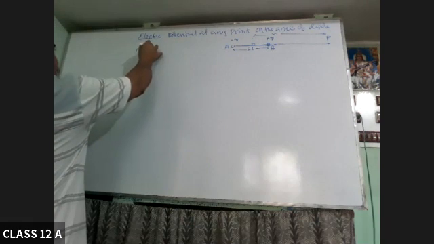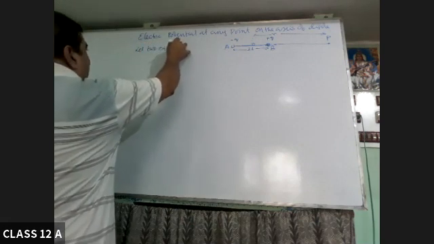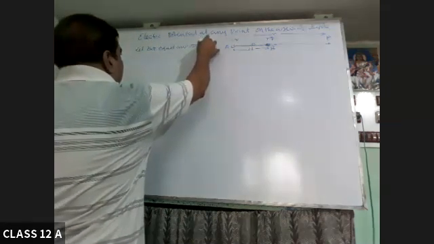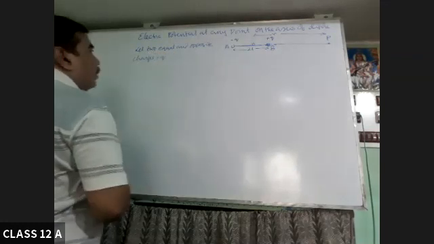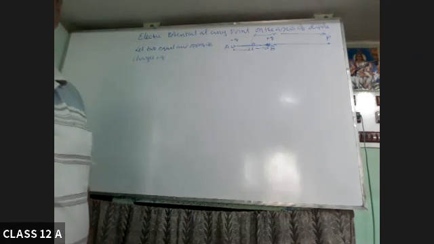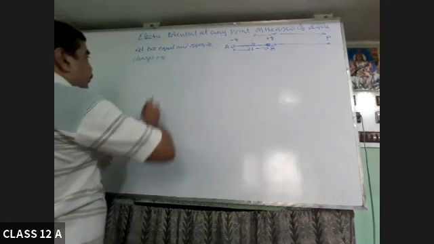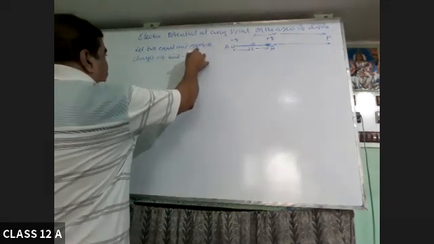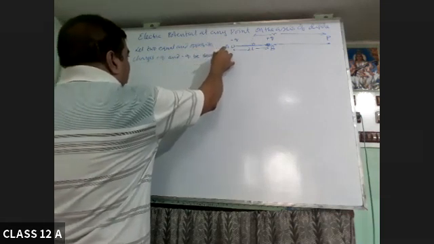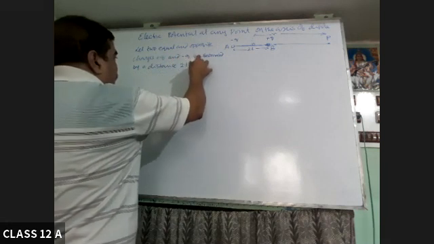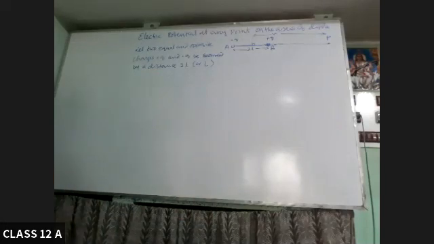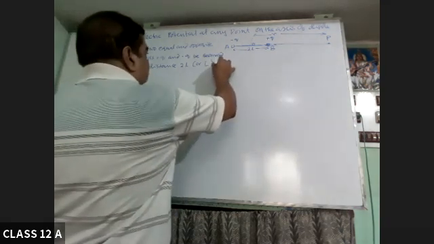So we will consider two equal and opposite charges, plus Q and minus Q, separated by a distance 2L, or sometimes we say capital L, that is the length of the dipole.